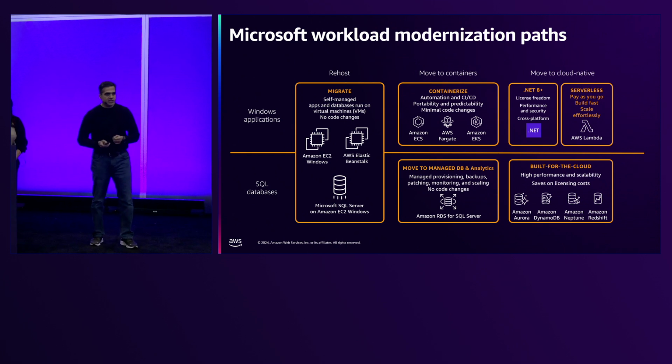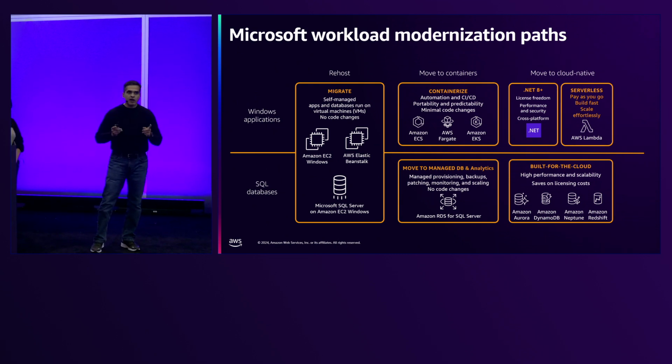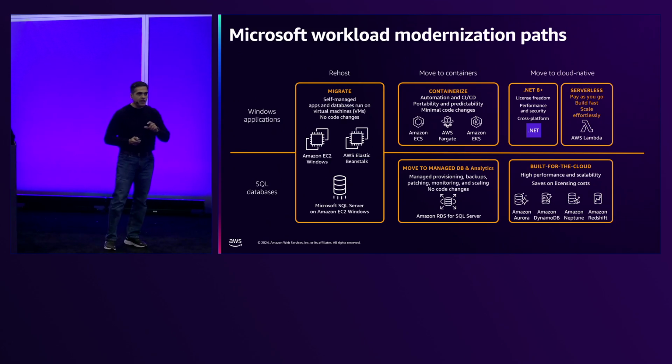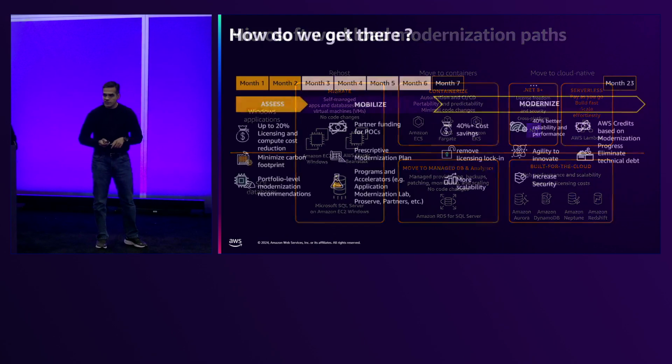The third phase is where you get the maximum benefits, when you refactor your code and move from your .NET Framework to .NET Core, with the ability to run cross-platform. It not only takes you off the license charts and gives you license freedom, but also gives the ability to run on ARM architectures, which gives you a performance boost and also a boost on compute. In this session, we will focus primarily on .NET app modernization.